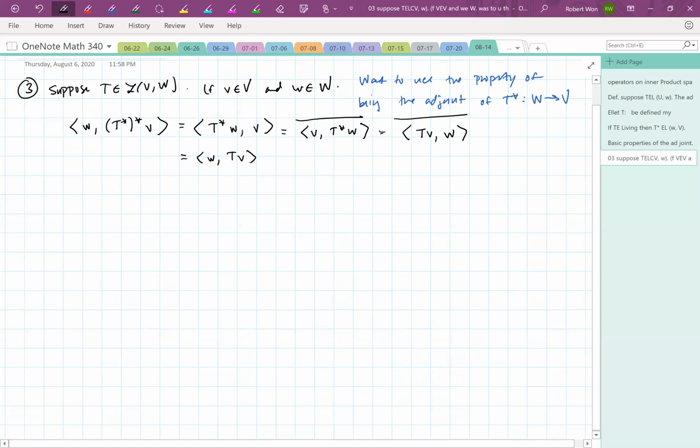But if you conjugate twice, it's like not doing anything at all. And again, this and this must be the same vector. And since that's true for all v and v, it means that T star star has to be the same map as T.